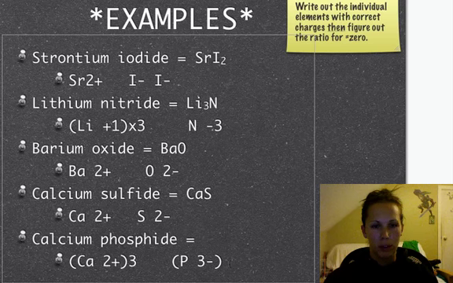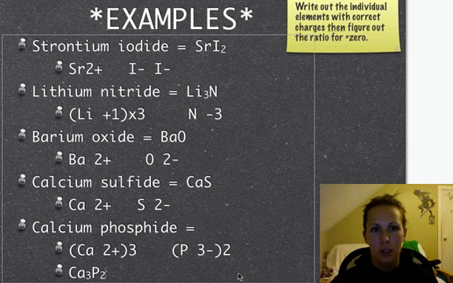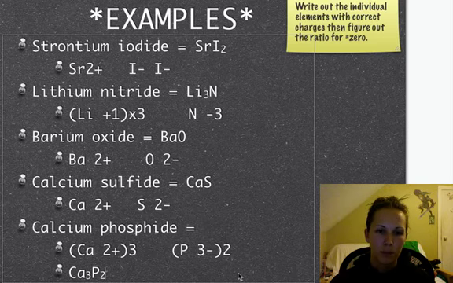And what do we multiply 3 by to get 6? 2. We end up with the same thing, Ca3P2. You can do this whichever way you feel more comfortable with and get the most confidence out of as far as ionic compound formula naming and formula writing rules.